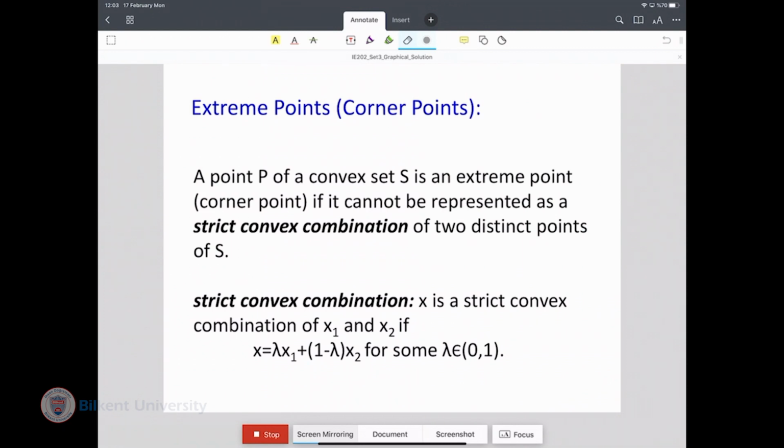Then the combination vector is called the strict convex combination. Because for every lambda, you get a new vector, yeah? But this time, I don't want the original vectors, the zeros and ones. I only want the middles. Then it's called strict convex combination. Okay?